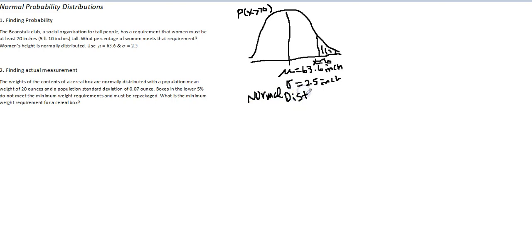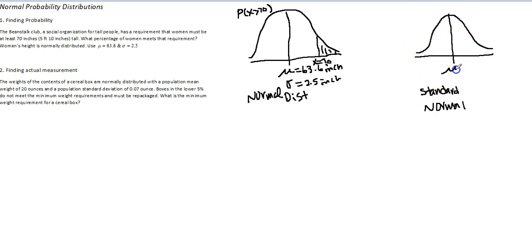And now we have to go to the standard normal. Alright, so now we're going to draw the standard normal here. And for the standard normal, mu is 0 and sigma is 1.